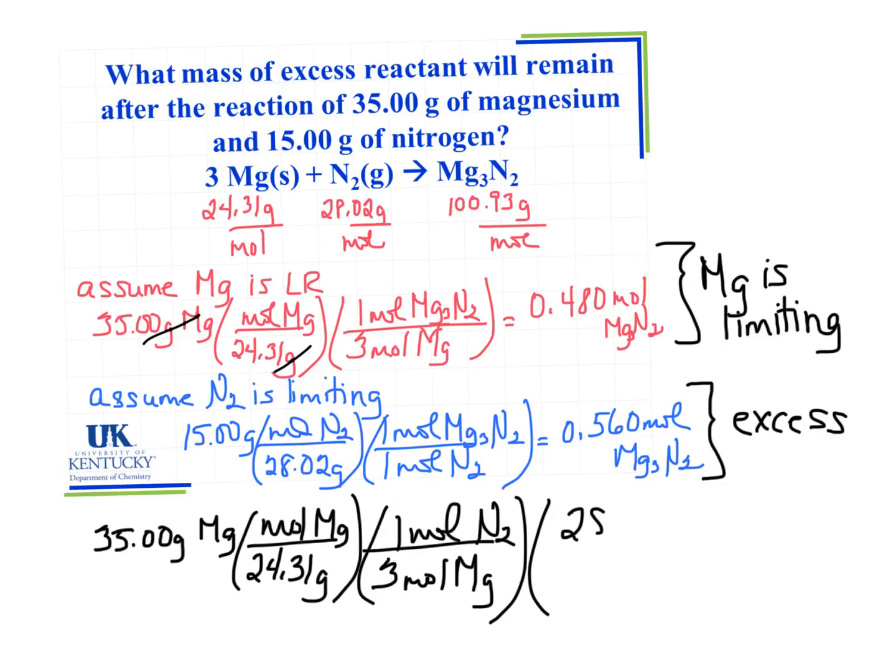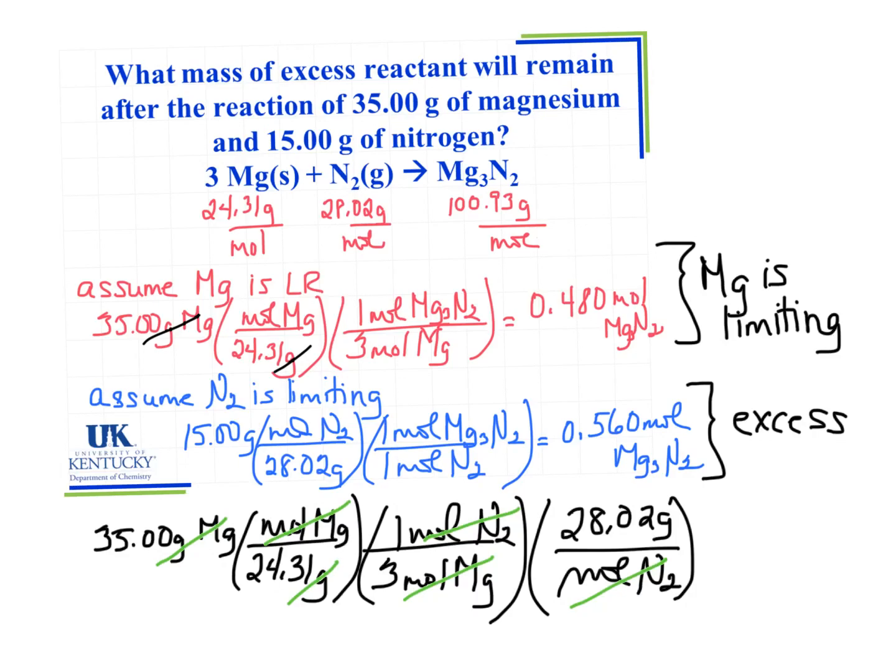Now I can use the molar mass of nitrogen, and I can cancel out my units: grams of magnesium, moles of magnesium, moles of nitrogen, and moles of nitrogen.